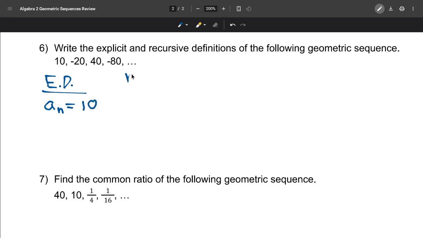We've got to figure out the common ratio, so to do that, we'll do negative 20 divided by 10. So the common ratio is negative 2. So we're going to multiply by negative 2 to the n minus 1 power. And that's for n is greater than or equal to 1.